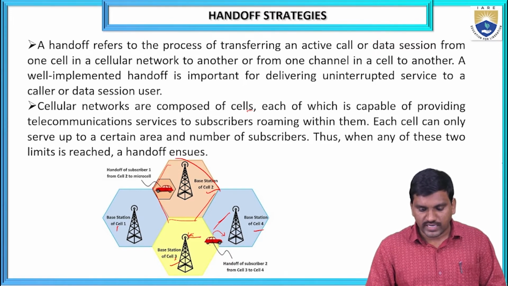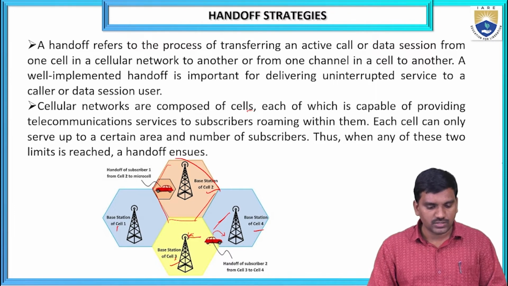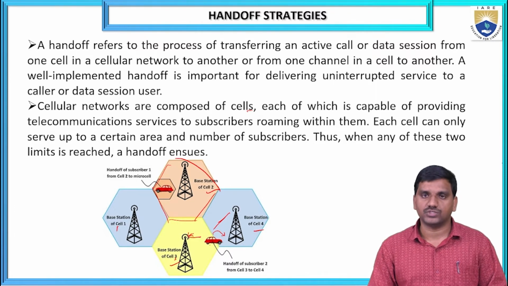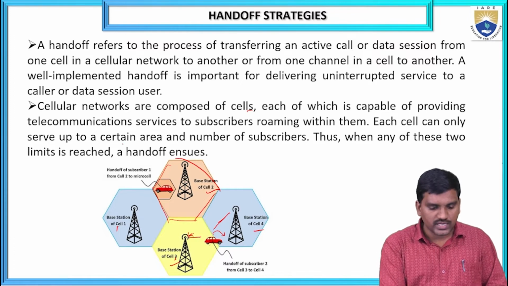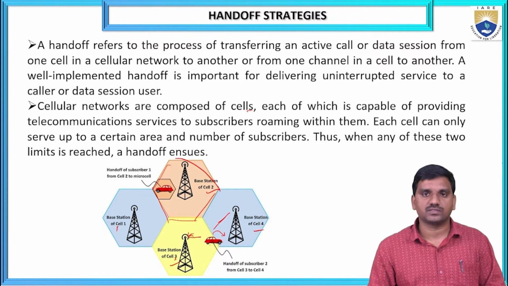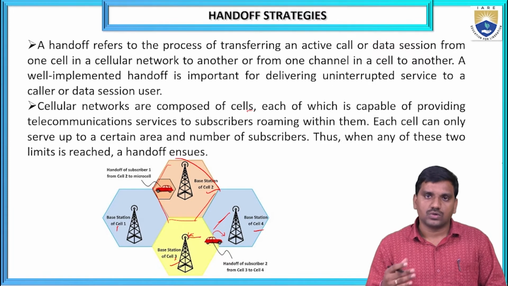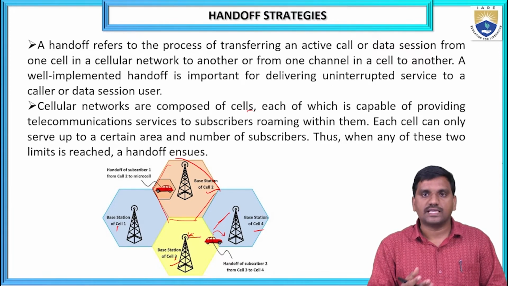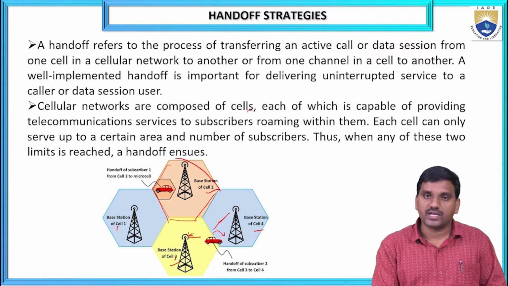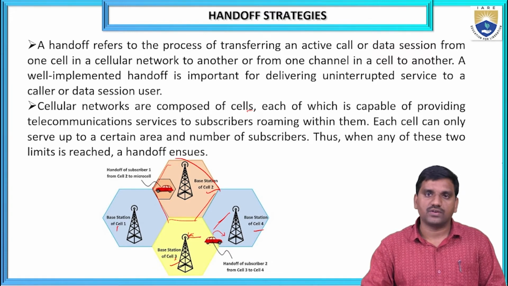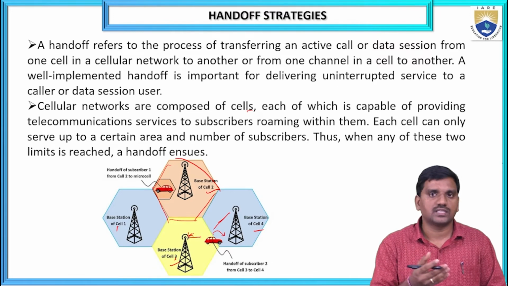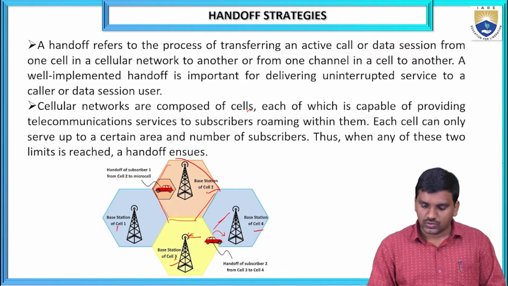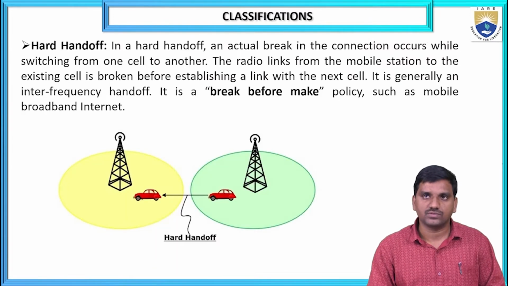Thus, when either of these two limits is reached, the handoff ensues. Either we increase the capacity of the base station, or we allocate more channels to the subscribers. These are some common things in the handoff. So this is the concept of handoff strategies.